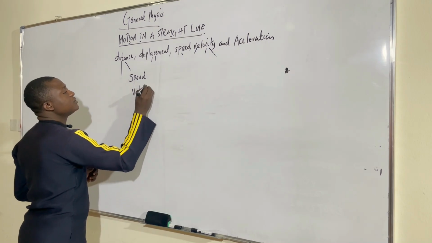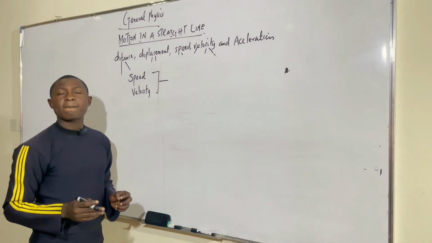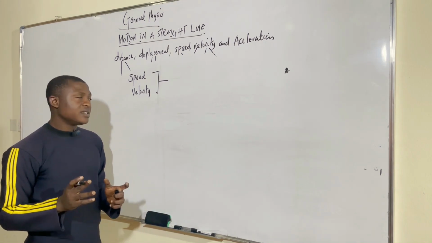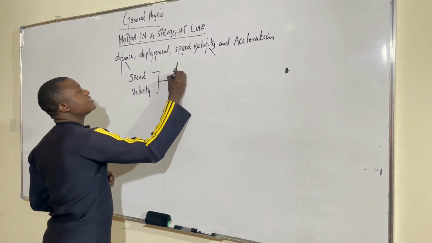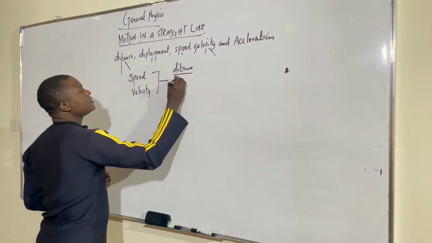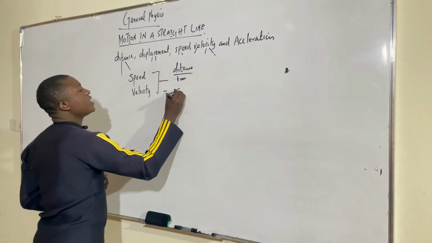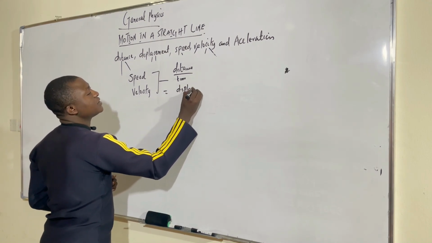Please note the two have the same formula because they are the same. It's just that one is a scalar and the other one is a vector. So that is distance over time for the speed. Then for this, we have displacement over time.